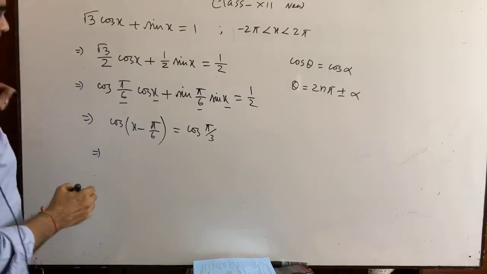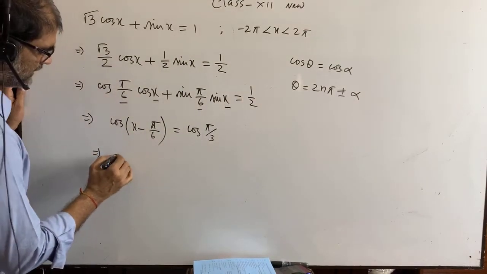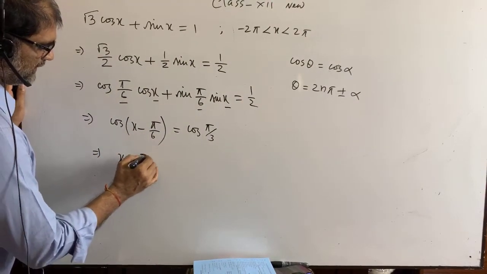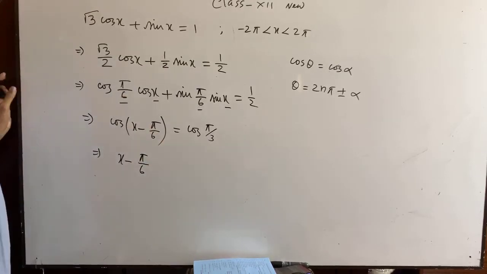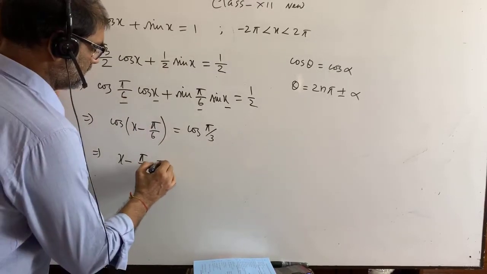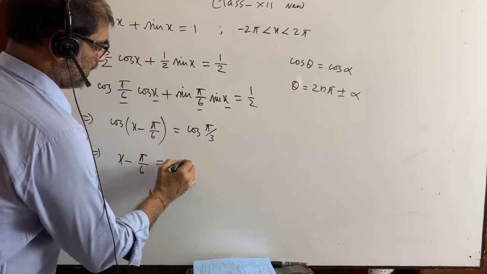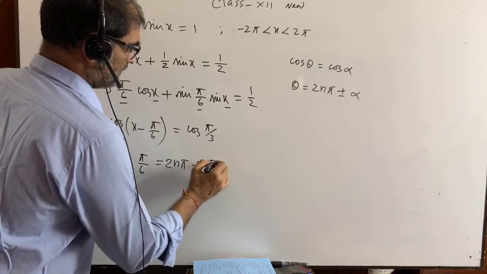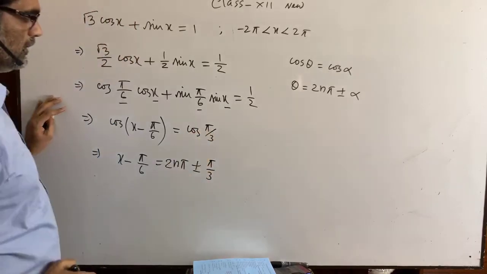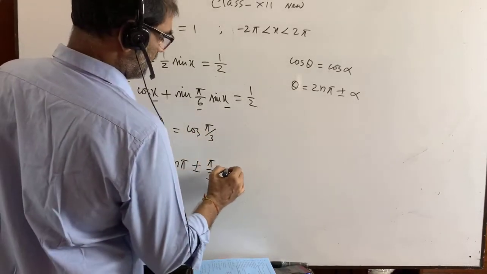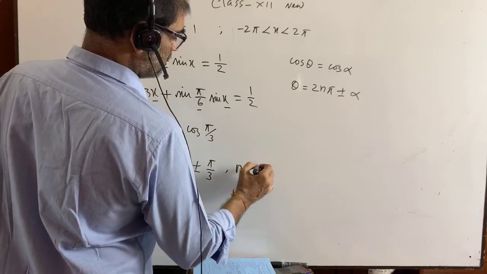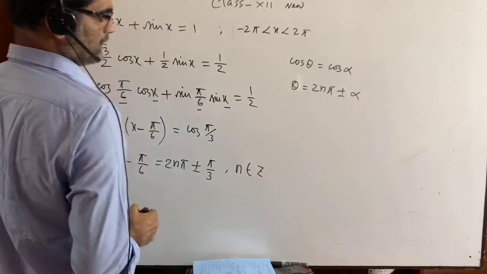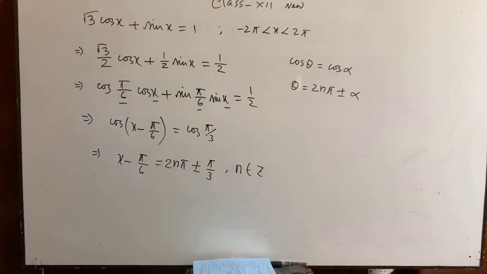So we can write here theta is x minus pi by 6. This is theta. So theta equals to 2n pi plus minus alpha. Alpha means what? Pi by 3. Now you have to write here n belongs to Z, capital Z, that is n belongs to integers.